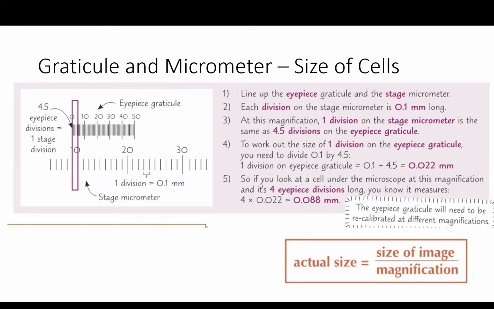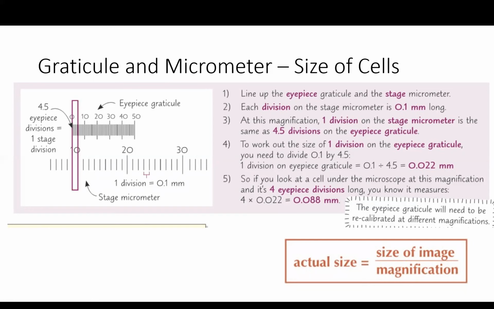So what you do is you line up the eyepiece graticule and your stage micrometer. So you line them both up at 0. Each division on your stage micrometer is 0.1 millimeters long. At this magnification, one division on the stage micrometer is the same as 4.5 divisions on the eyepiece graticule.